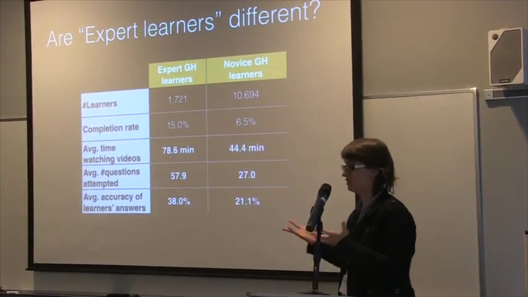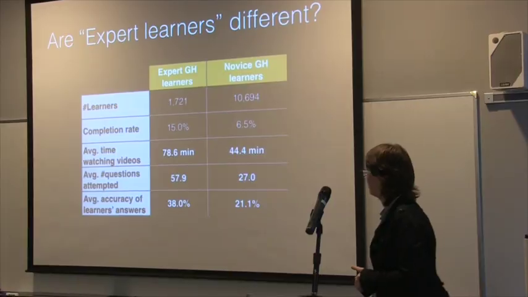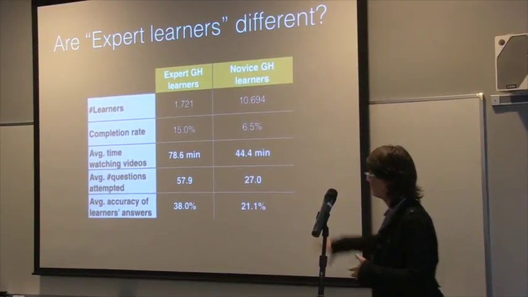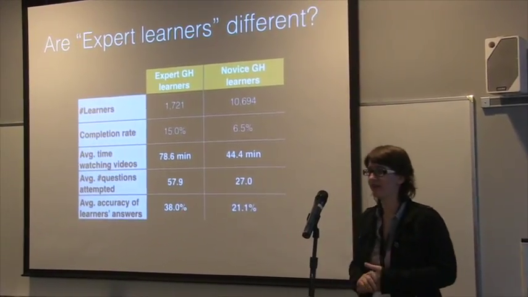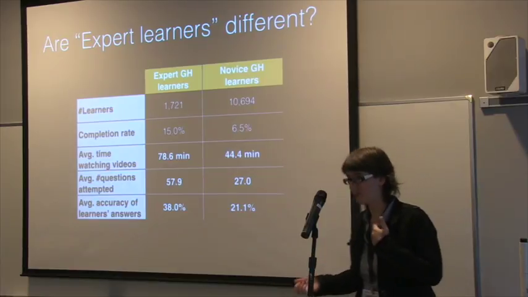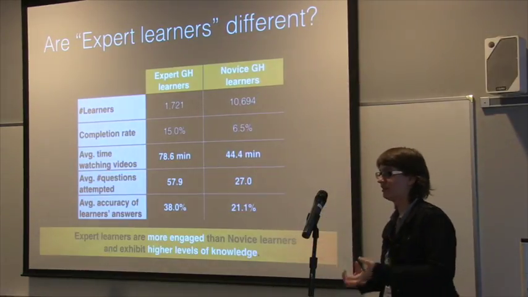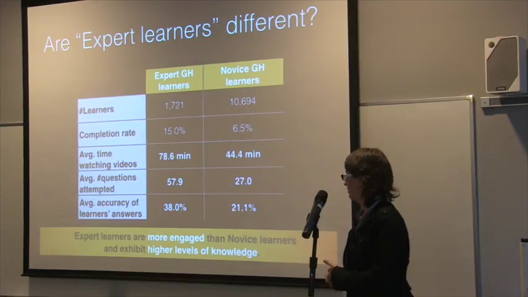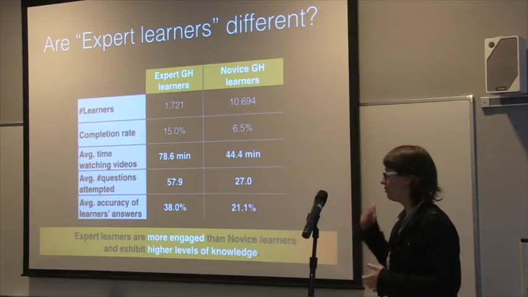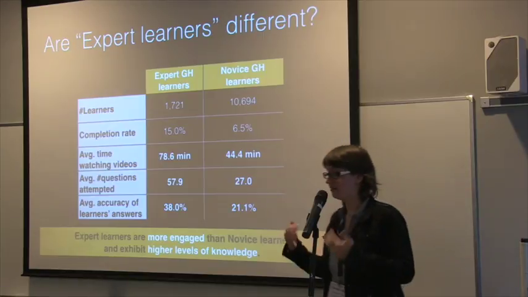These are our novice learners. And again, we ran the same statistics. And as you can see, the ones who already knew how to program functionally were the most engaged, which I found horrible, but it kind of makes sense, right? The people who know how this works are more likely to succeed in the course. So the expert learners were more engaged, and they, of course, had higher levels of knowledge.